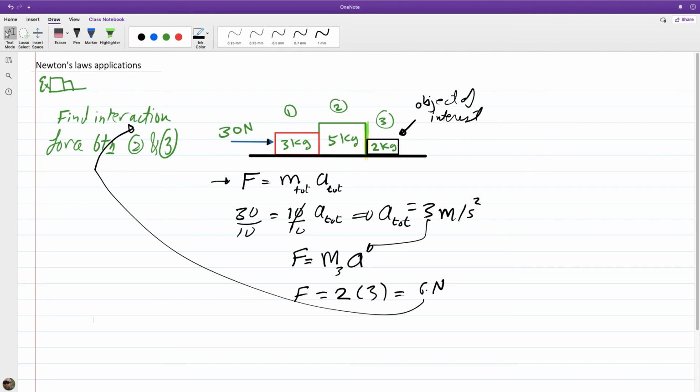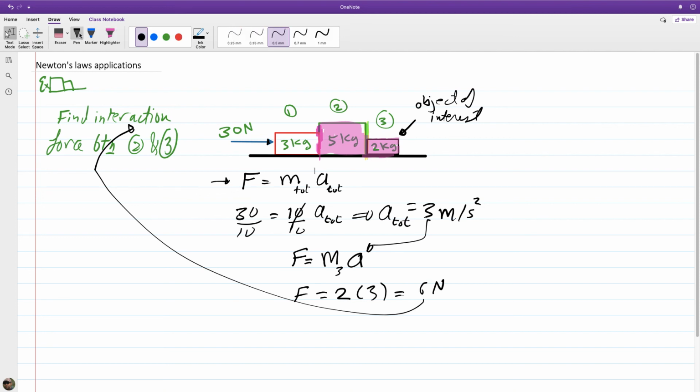Now what if we want to find the interaction force between 1 and 2? So let's find the interaction force between here. Well, look. The 30 Newton is pushing on the 3 kilogram, and the 3 kilogram is pushing on this whole thing. See that? So the object of interest now is the 2 plus 5.